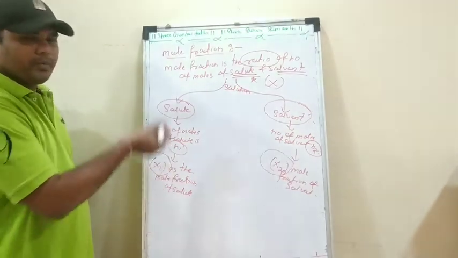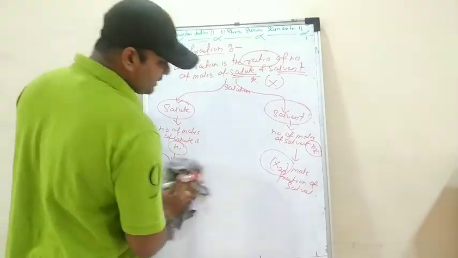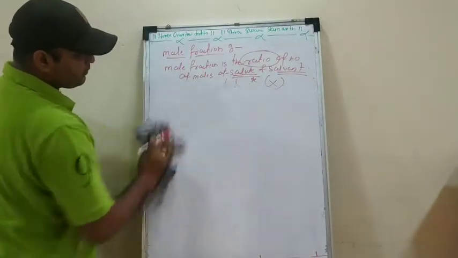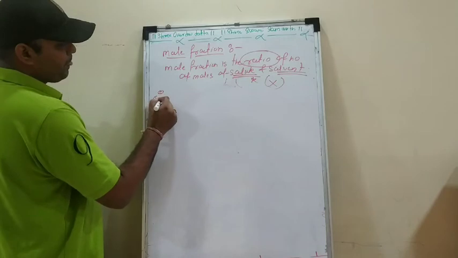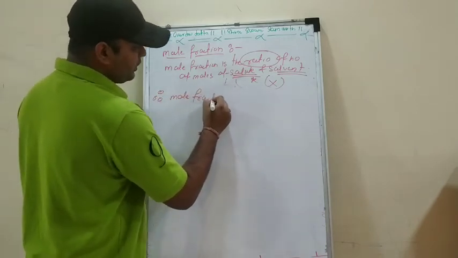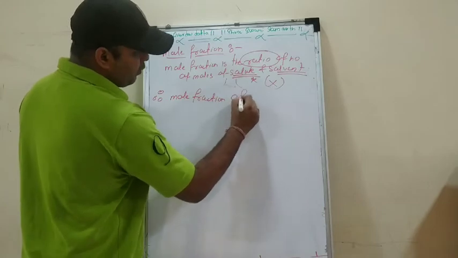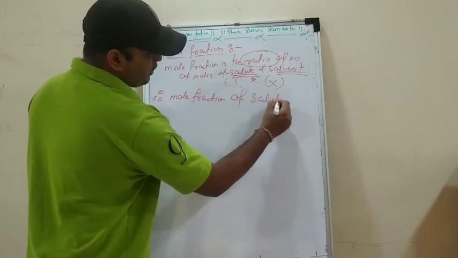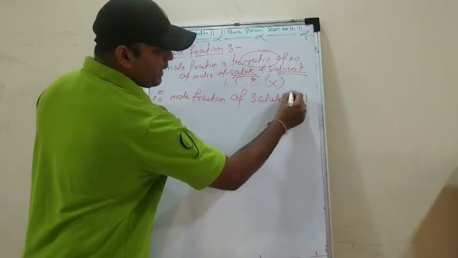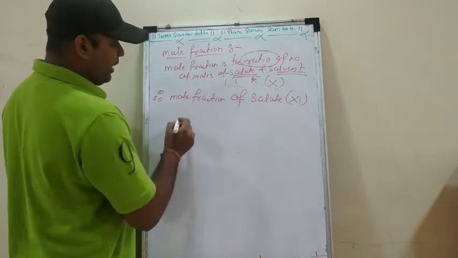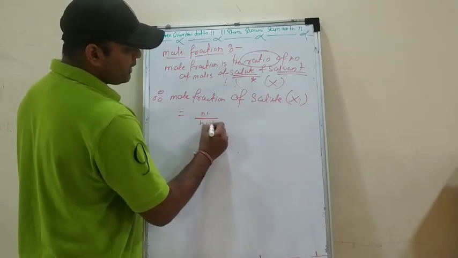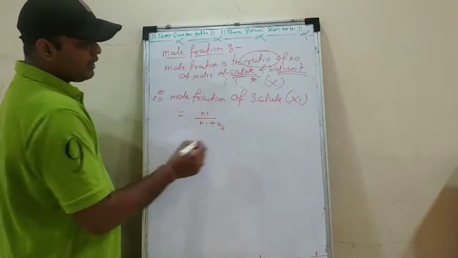Now how will we represent the mole fraction? Let's see the representation. The mole fraction of solute is represented by X1. X1 is equal to N1 divided by N1 plus N2. What is N1?